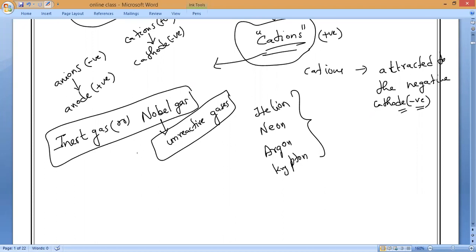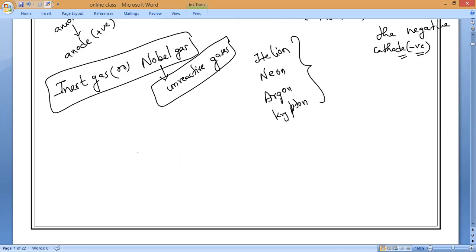Now, when an inert gas is taken in a discharge tube, what will happen? Observe very carefully.